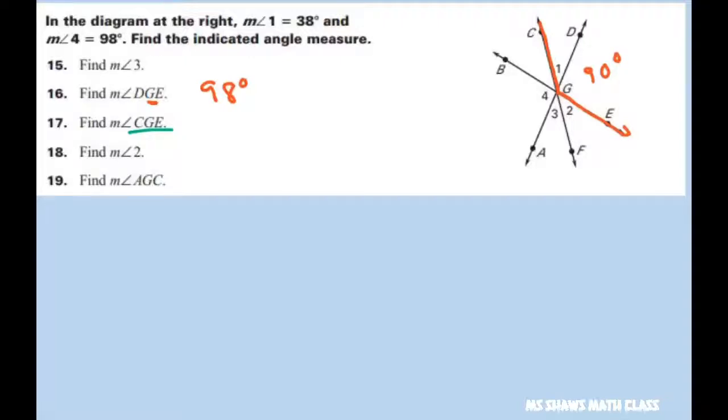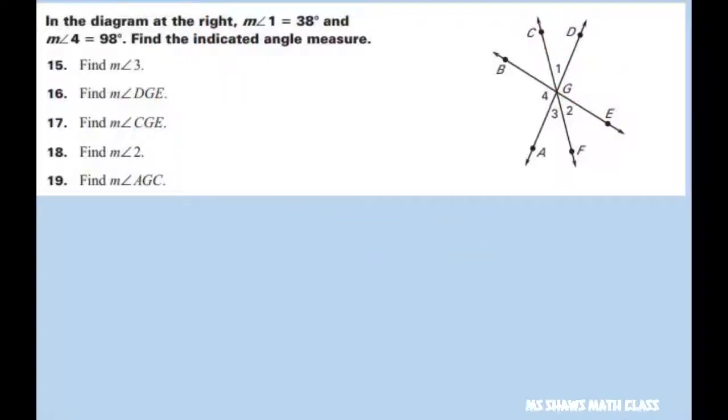And I know the measure of angle 1 is 38 degrees. So all I have to do is add these two up. You get 38 degrees plus 98 degrees, and that's going to give you 136 degrees.